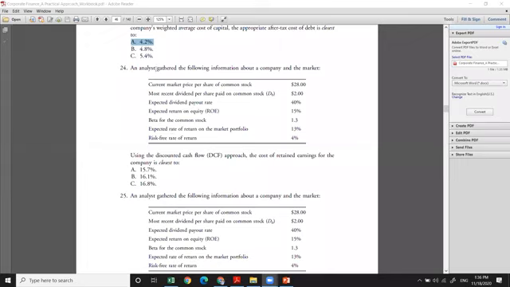Question 24: the analyst gathered the following information about the company and the market. Using the discounted cash flow approach, the cost of retained earnings or cost of equity for the company is closest to what? So here we need to calculate the cost of equity.